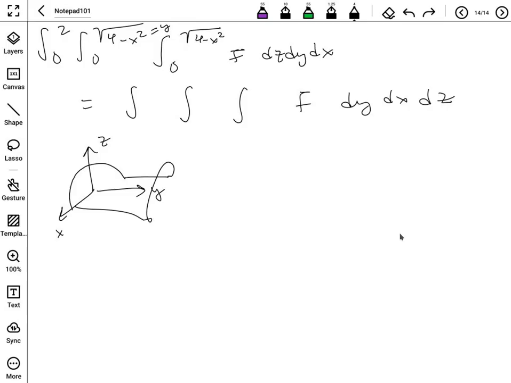And then y only goes up to this shape, sort of the tunnel that you'd have going this way, part of a cylinder, I guess, of y equals root 4 minus x squared.